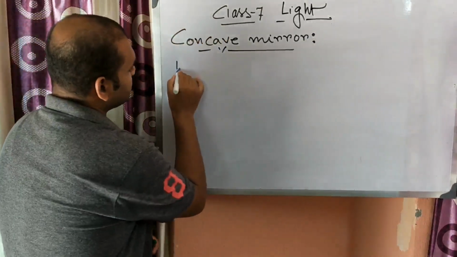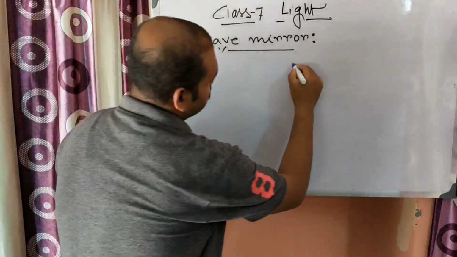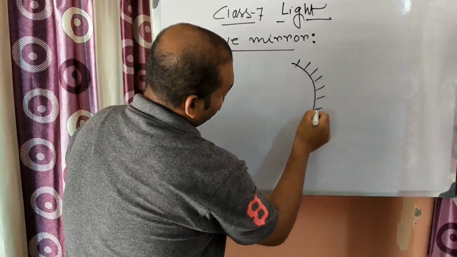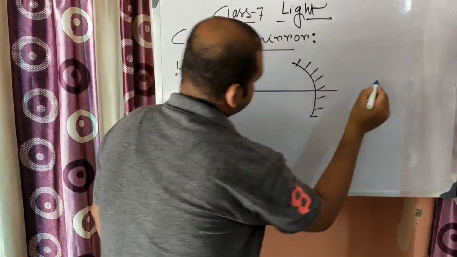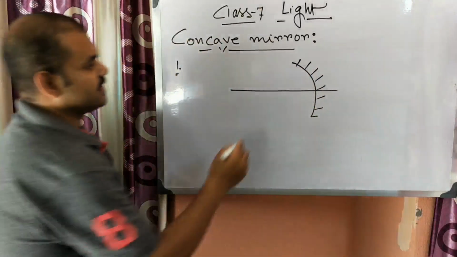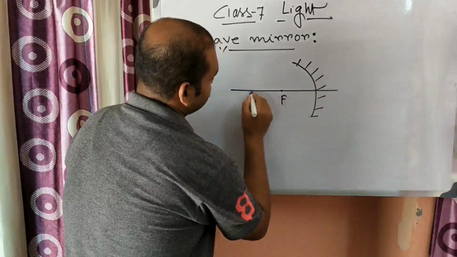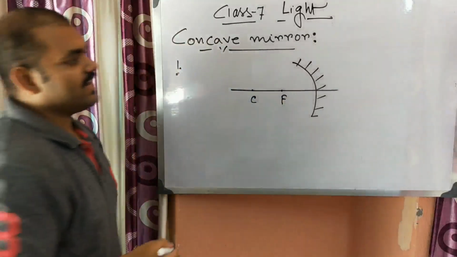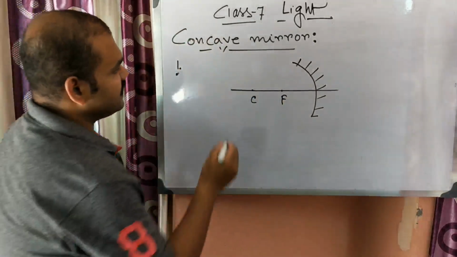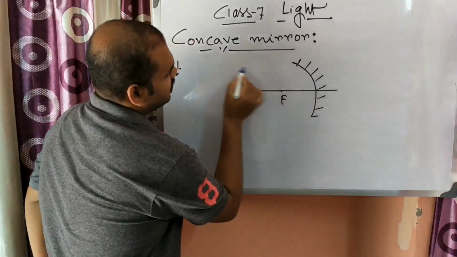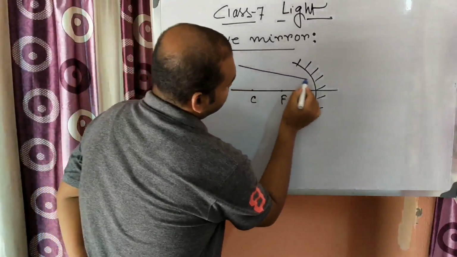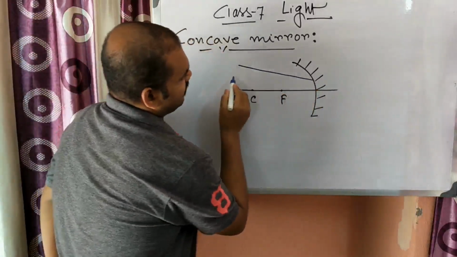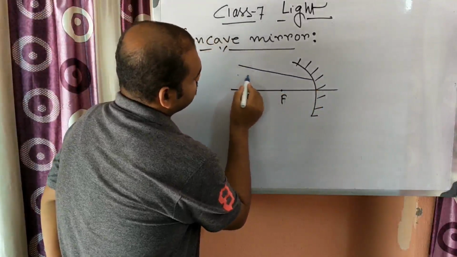Okay, so in the first position we will see when an object is kept, suppose this is F, this is C. So when an object is at infinity, the parallel light will come, so parallel light rays are coming. In this case 2 parallel light rays are coming like this.